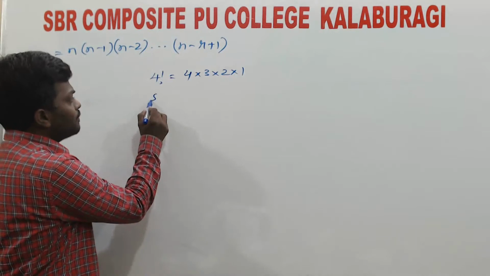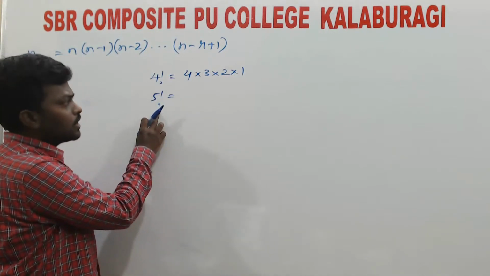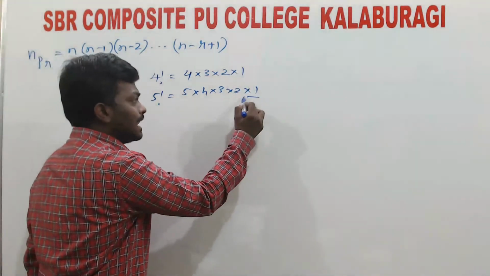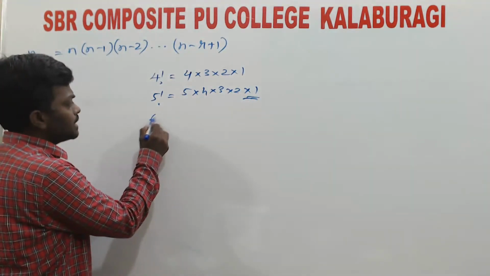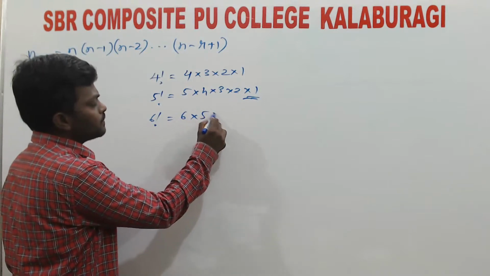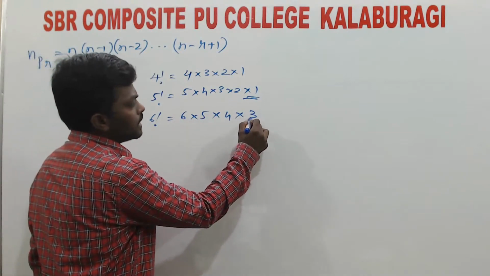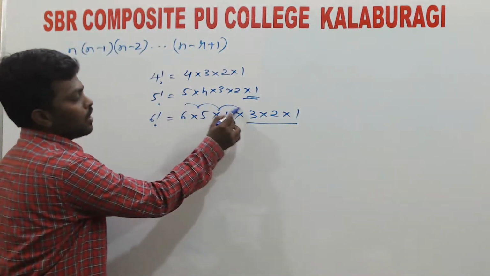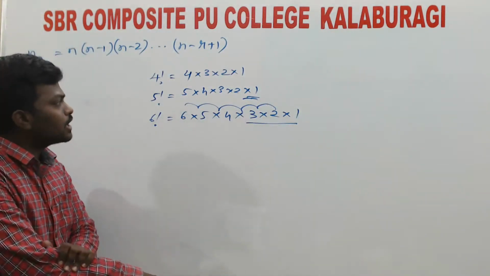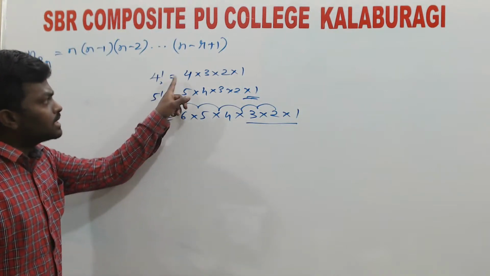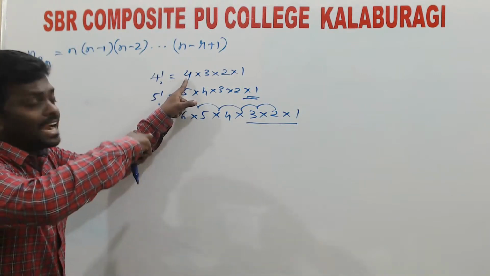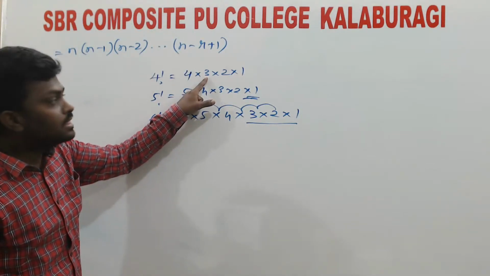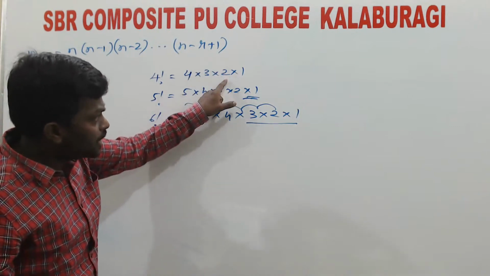Now 5 factorial. It starts with 5 till it reaches 1. Similarly, 6 factorial: 6, 5, 4, 3, 2, 1, in descending order. And you can observe one thing also. 4 factorial starts with 4 and then it reduces by 1, 4 minus 1, 3, and from here again it reduces by 1.